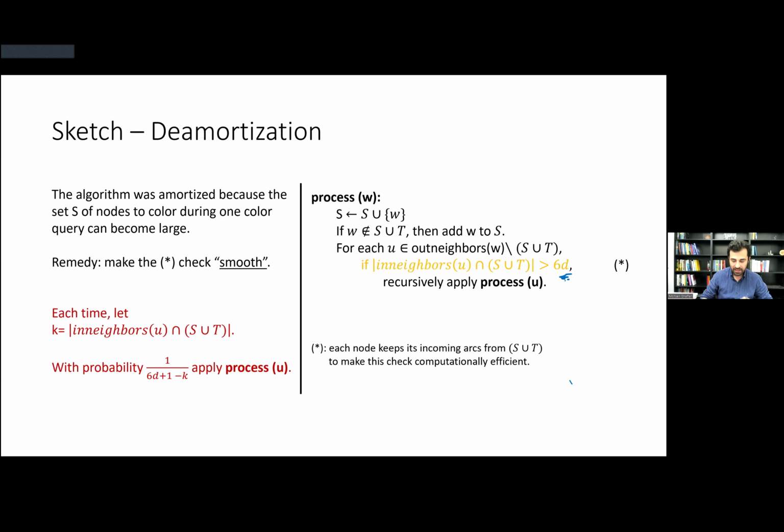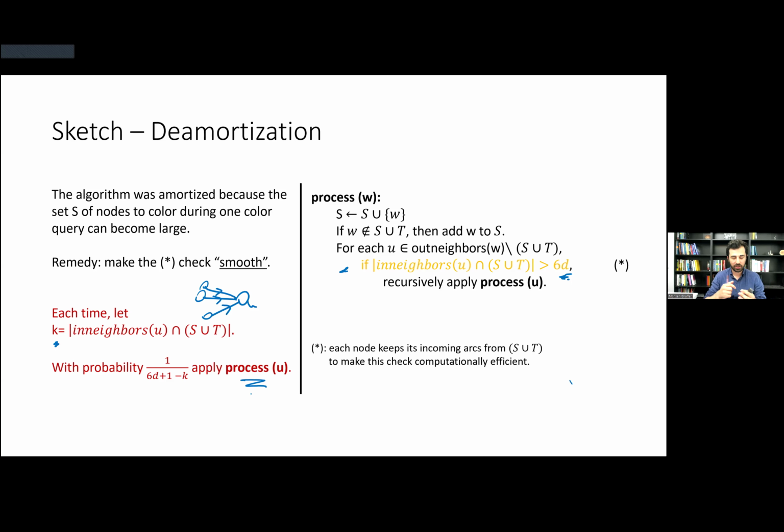So every time that I come to this question, we'll take a look at that vertex U and its in neighbors that have already been colored. Let's say there are k of those neighbors that have already been colored. In that case, I'll invoke the recursion with probability 1/(6d+1-k), and otherwise, I don't invoke the recursion.